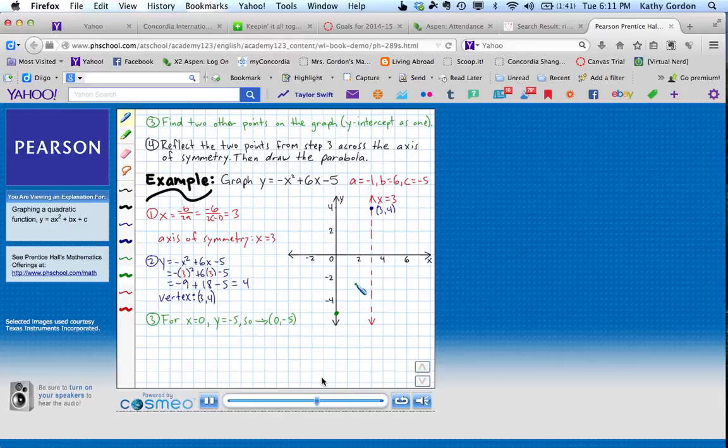Now let's find another point on the left side of the axis of symmetry here. So let's let x equal 1, and we'll use our equation to find the corresponding value of y. The opposite of x squared plus 6x minus 5. We're going to substitute 1 in for x.